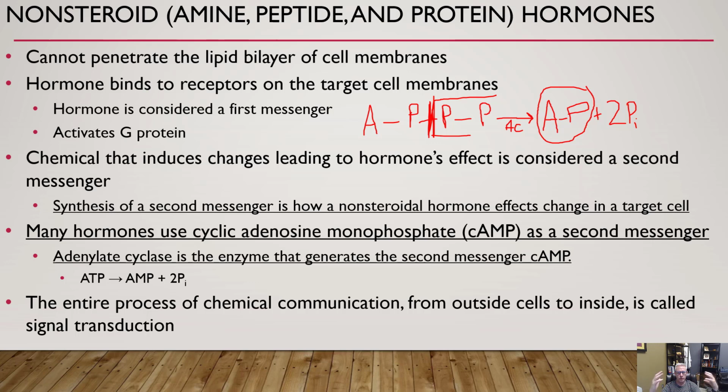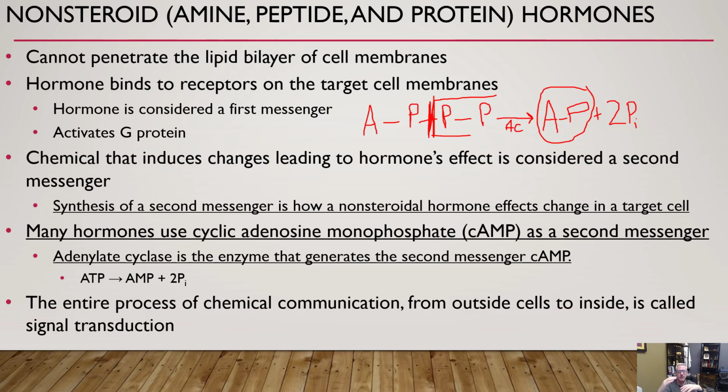That's all called signal transduction. So I'll summarize. A hormone binds to its receptor, and the resulting hormone-receptor complex activates a protein called G protein. G protein is an enzyme complex that is joined to the intracellular side of the hormone receptor, and it is the link between that first messenger and the second messenger.